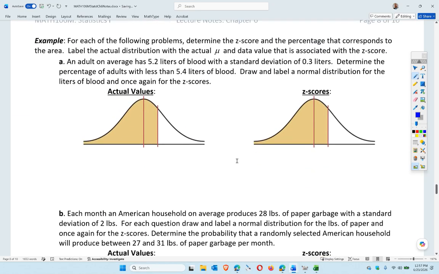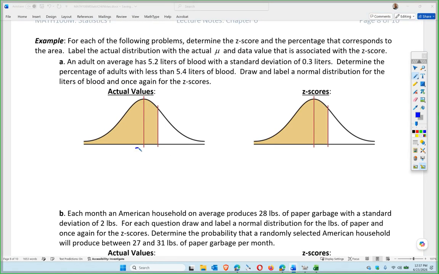So let's say blood volume is 5.2 liters on average, right? So we have 5.2 here, and this is liters. And we want to know people that have 5.4 liters or less. What proportion of the population has that much blood in them?